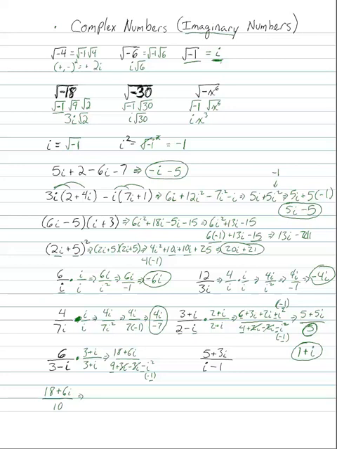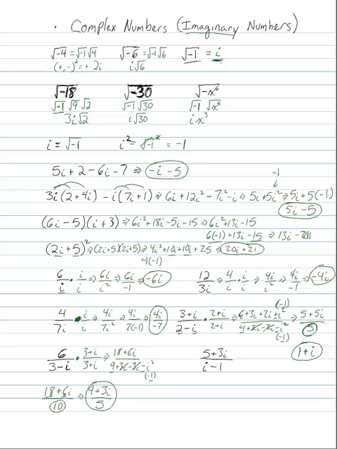I have a number that goes into my 10 on the bottom, that also goes into both the numbers on the top, the 18 and the 6. Or I can think of it as factoring a number out of the top and seeing if it cancels out. Since I see that a 2 goes into all 3, I'm going to go ahead and divide a 2 out, get 9 plus 3i over 5, and done.